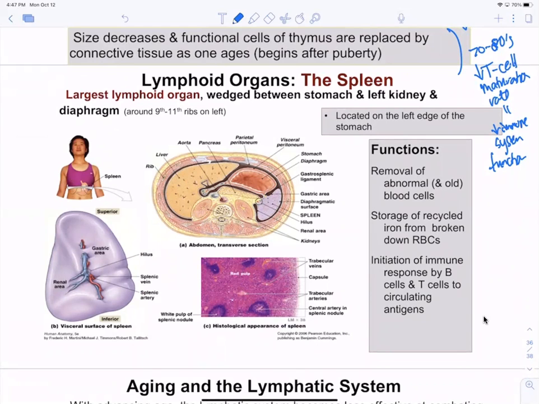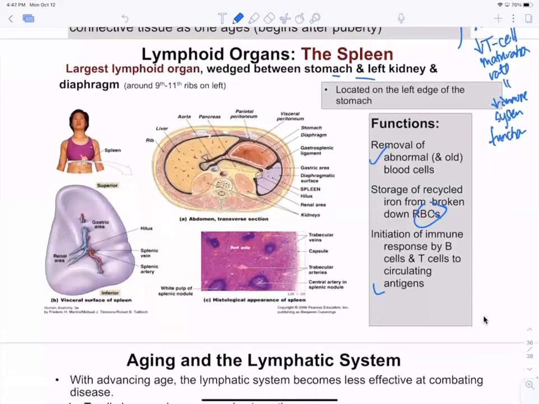The spleen is on the left side, kind of right by the left kidney. And it removes abnormal old blood cells. It can recycle iron and broken down hemoglobin from red blood cells. And it can also initiate an immune response by the B cells and T cells. So the spleen can act as an immune organ.